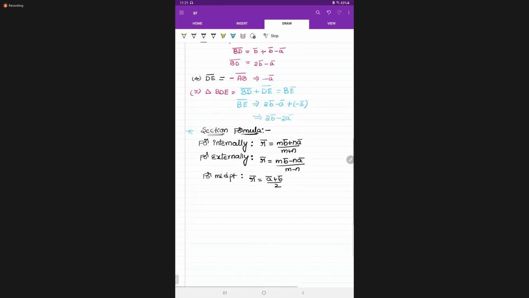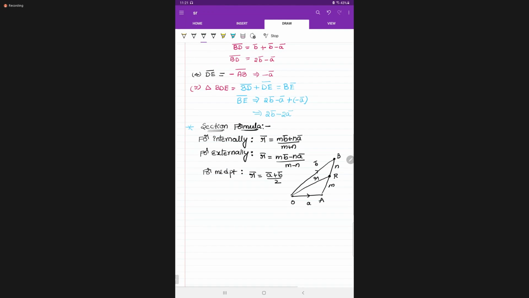Okay. Listen, students. We know this diagram also. See here, A, R, B are collinear, lying on the same line.